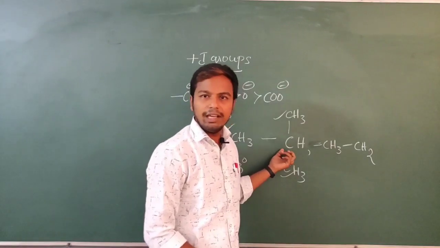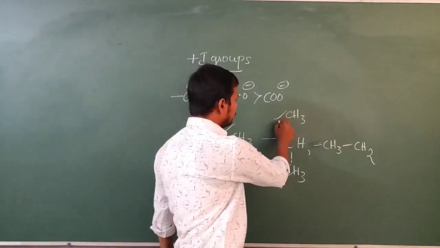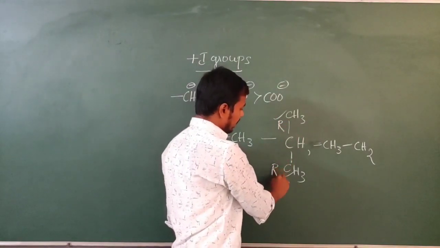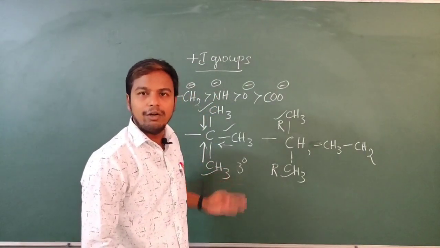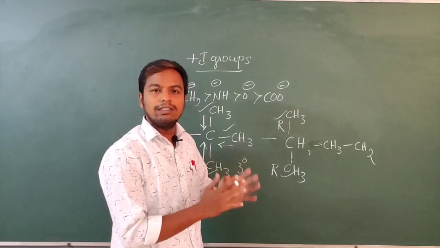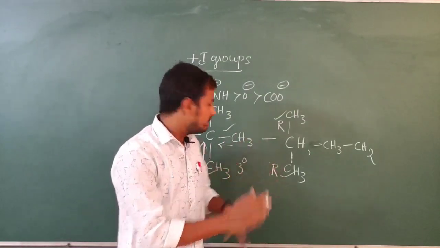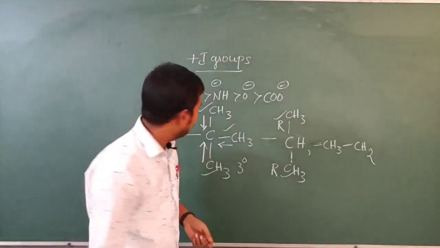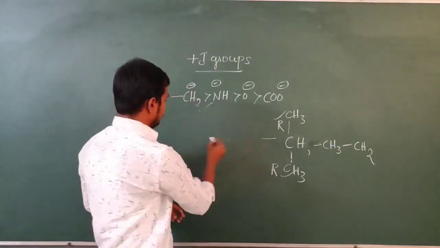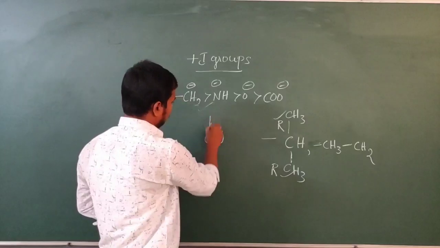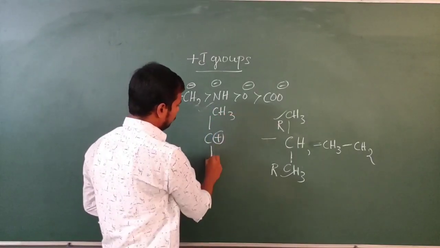Whereas when we compare to this, here we got two alkyl groups, one is this and another one is this. So more number of alkyl groups can donate the electron density towards the electron deficient atom. Say for example, consider this as a carbocation. Take a carbocation attached to three methyl groups.